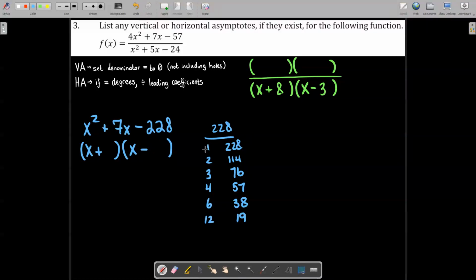And there we go. So the larger number is positive, the smaller number is negative. So the numbers that add up to positive 7 are going to be negative 12 and 19.